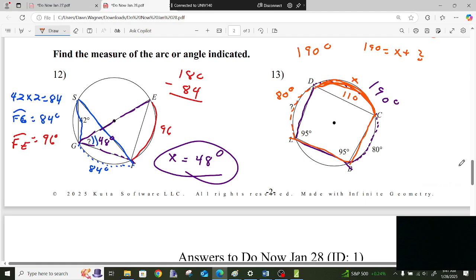Let me come up here and see if I can explain that a little bit better. From here has to be 190 because 95 times 2 is 190, right? Okay. Well, if that's the case, then this arc has to be 110, right? Because 190 minus 80 is 110.